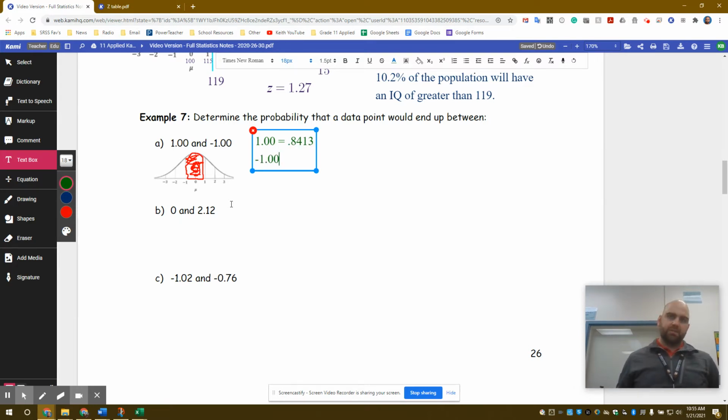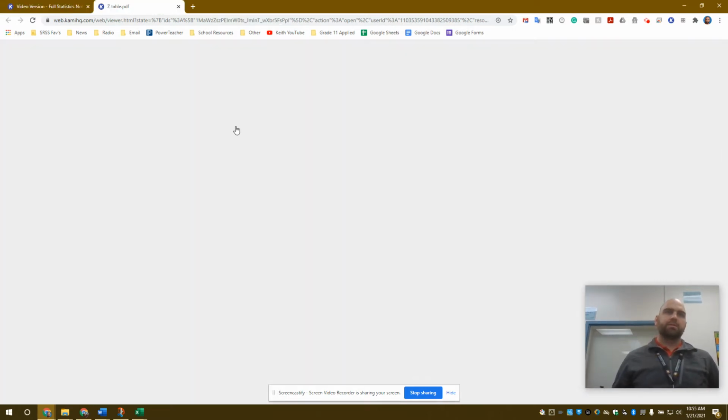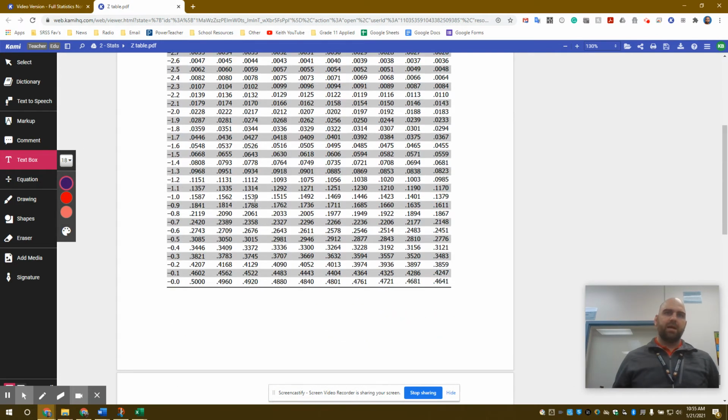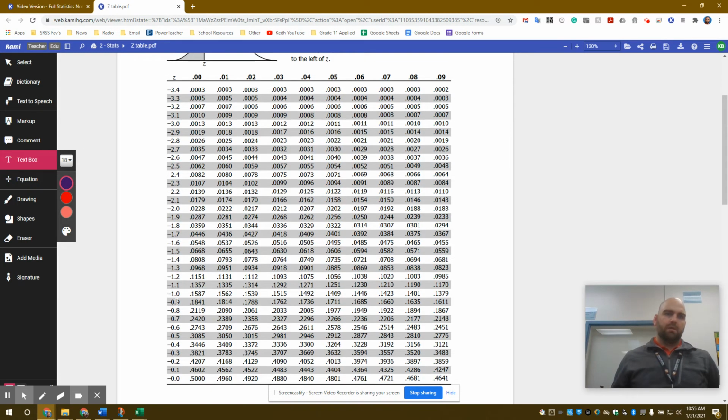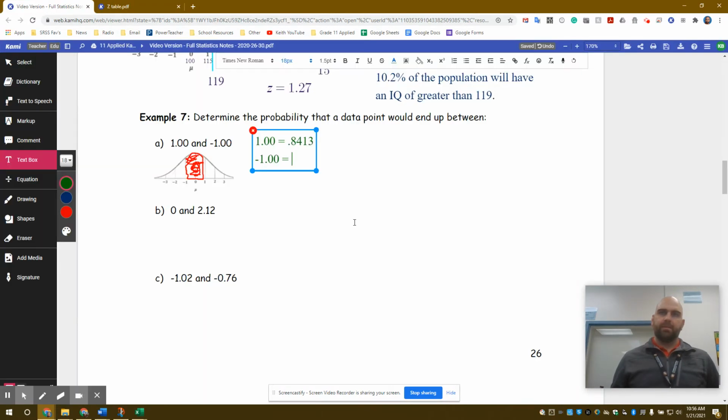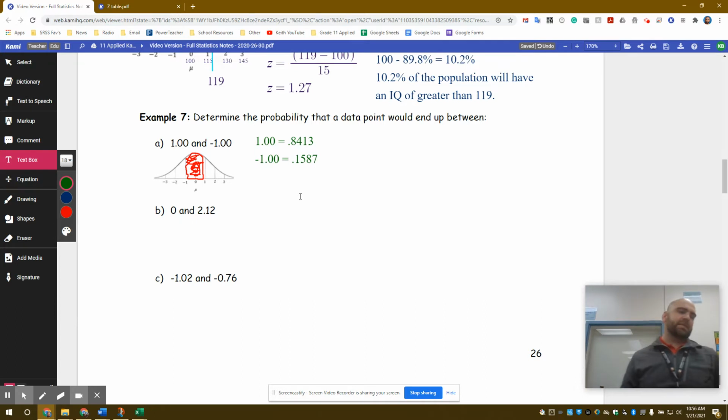And -1.00, let's go to the negative side, -1.00 would be right here, 0.1587. And we want to find the probability that something's in between.